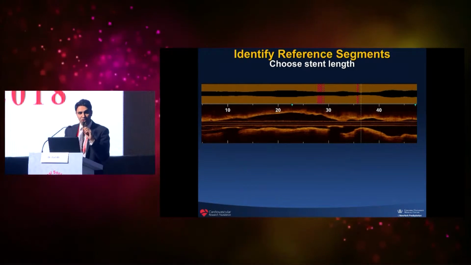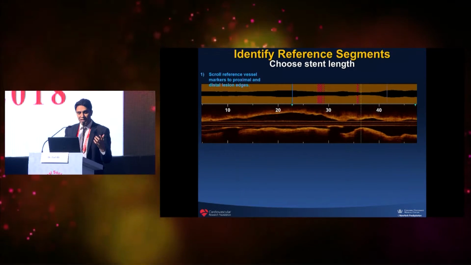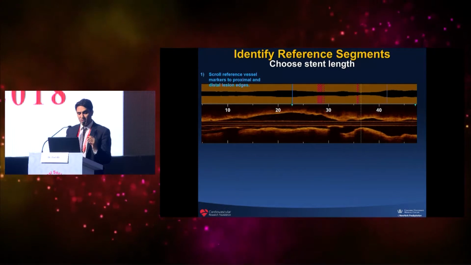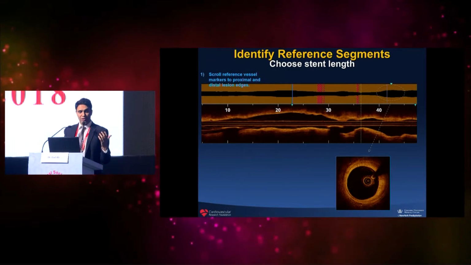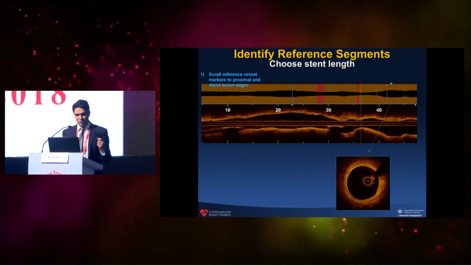In this situation, you use this just as you would for an angiogram. You identify segments of the artery where you believe you would want to land the edge of your stent, and then you review those sections and determine, is this a suitable place for me to land my stent edge?